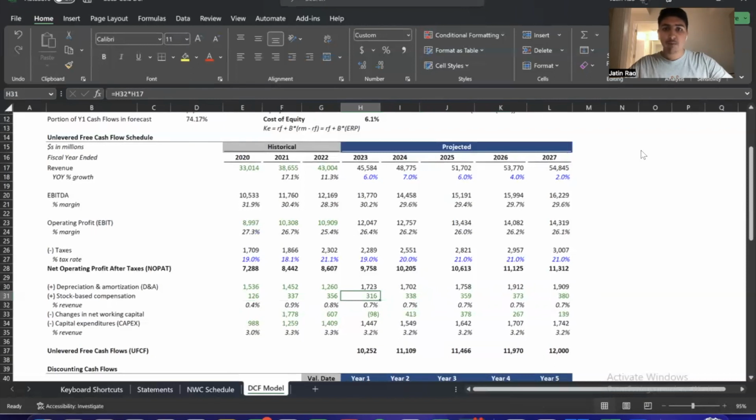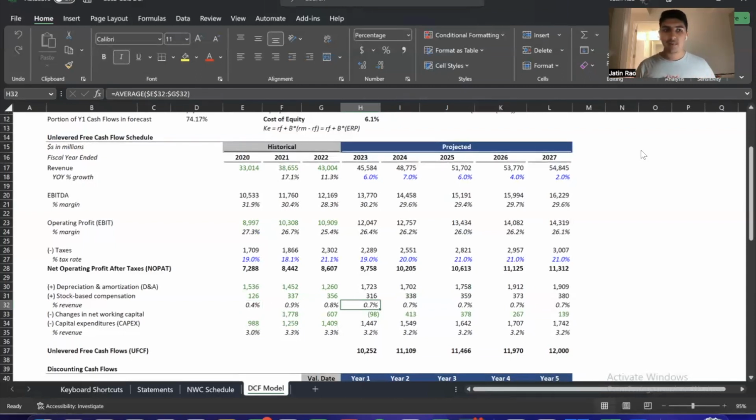And then we multiplied that by revenue to get our approximation for stock-based compensation. I realized that this should actually be because it's a formula. Okay. So that's two ways that we account for the differences between accrual and cash accounting to calculate how much cash Coca-Cola is actually going to be generating.